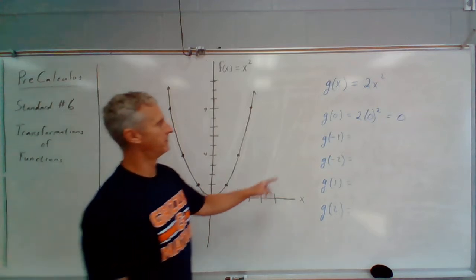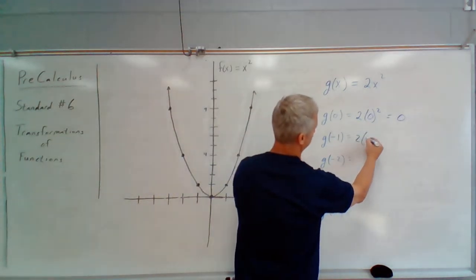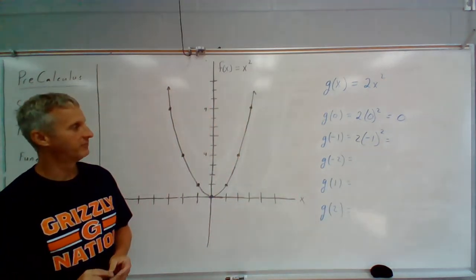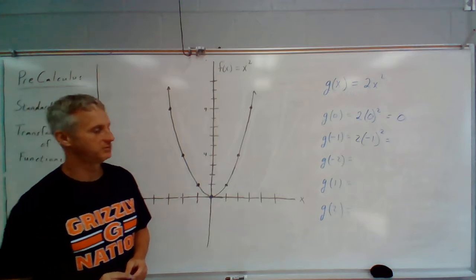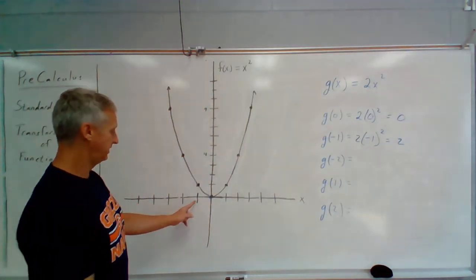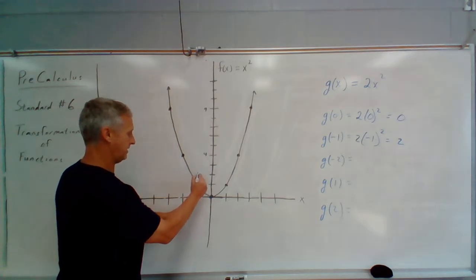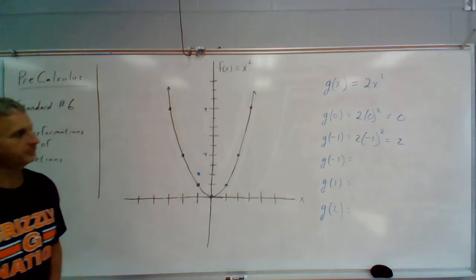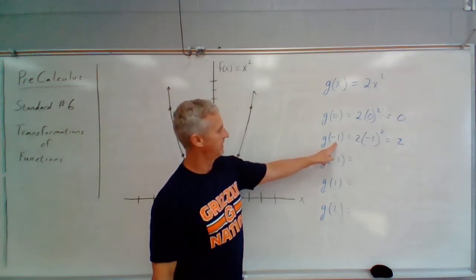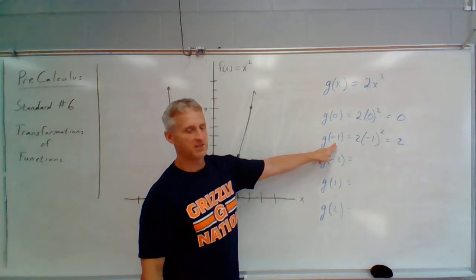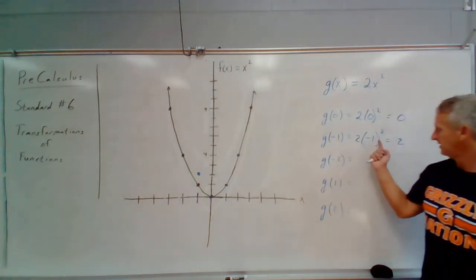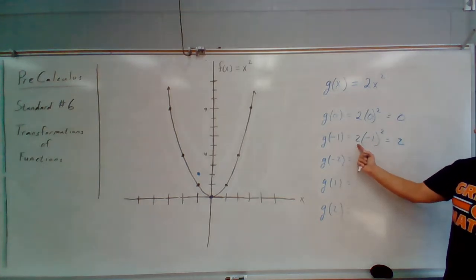Let's plug in negative 1. That'll be 2 times negative 1 squared. If I square negative 1, I'll get 1. And then 2 times 1 is 2. Notice that plugging negative 1 into the blue function is the same thing as plugging negative 1 into the original function and then multiplying that by 2.